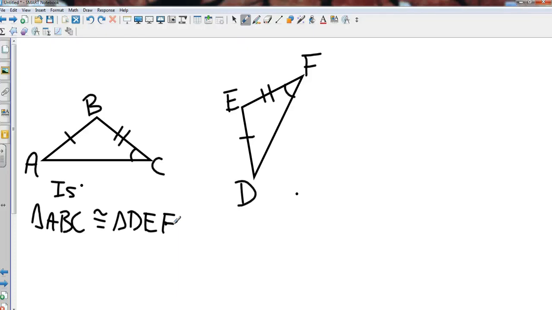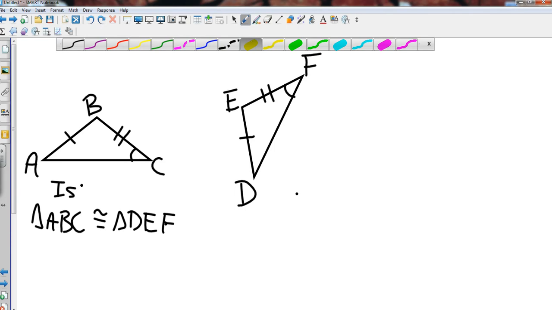Okay. What do the angles have to be? Where do they have to be? No, I'm asking location. They're already congruent. They have to be included in between. So what angles do we need to know to make this side angle side? B and E. I have to know what these angles are right here.